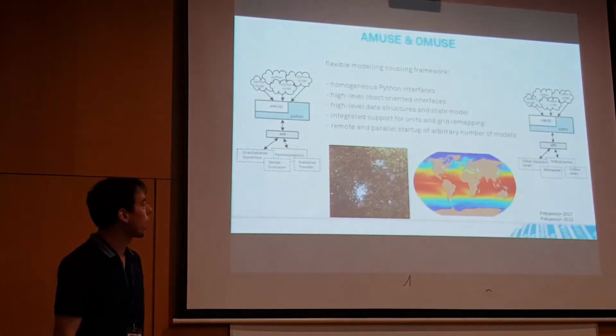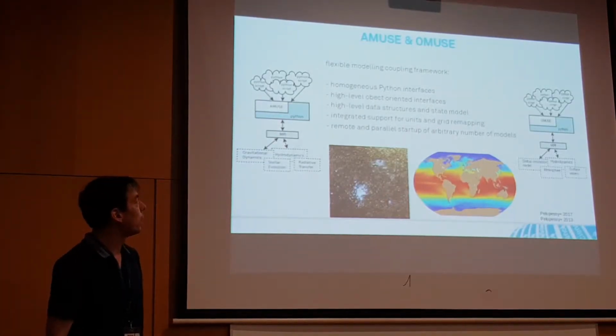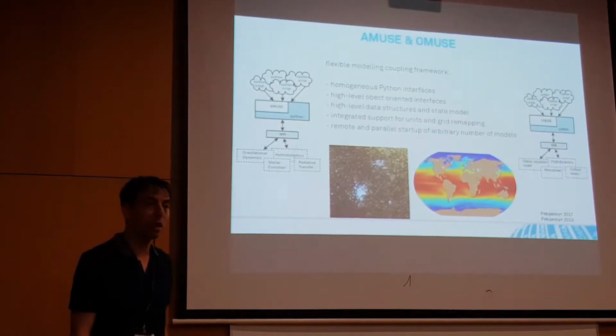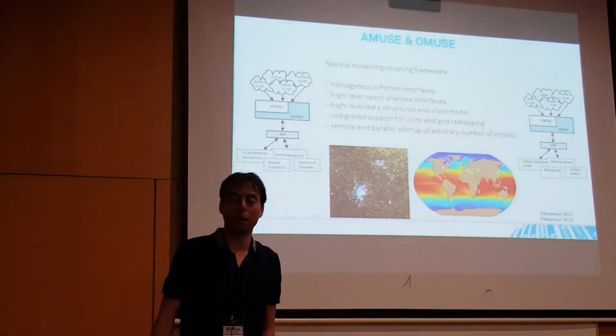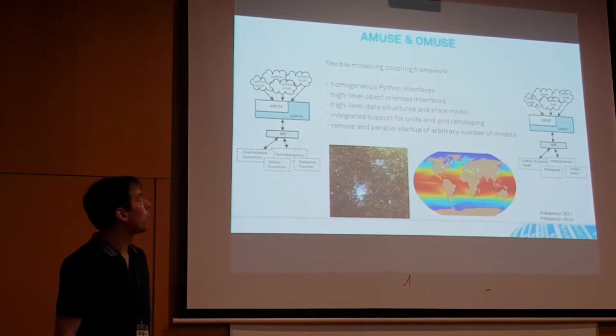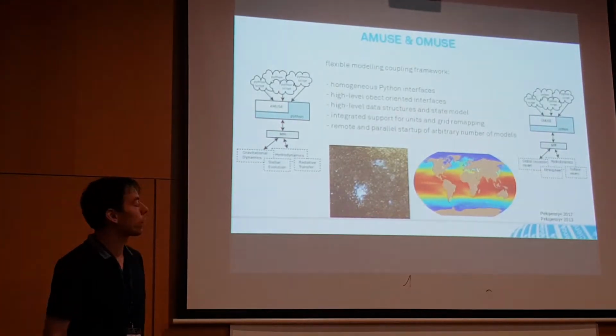So the framework we came up with was AMUSE and OMUSE. AMUSE is the astrophysical version of the multiscale and multiphysics framework, and OMUSE is for oceanography and climate science.